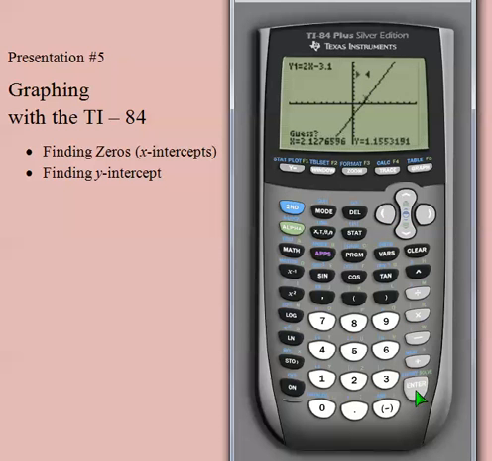We hit enter. And now the guess, your guess is as good as mine. Why that's in there, I don't know. You click enter one more time, and we have the 0. My 0 is x equals 1.55, and of course the y value is 0.